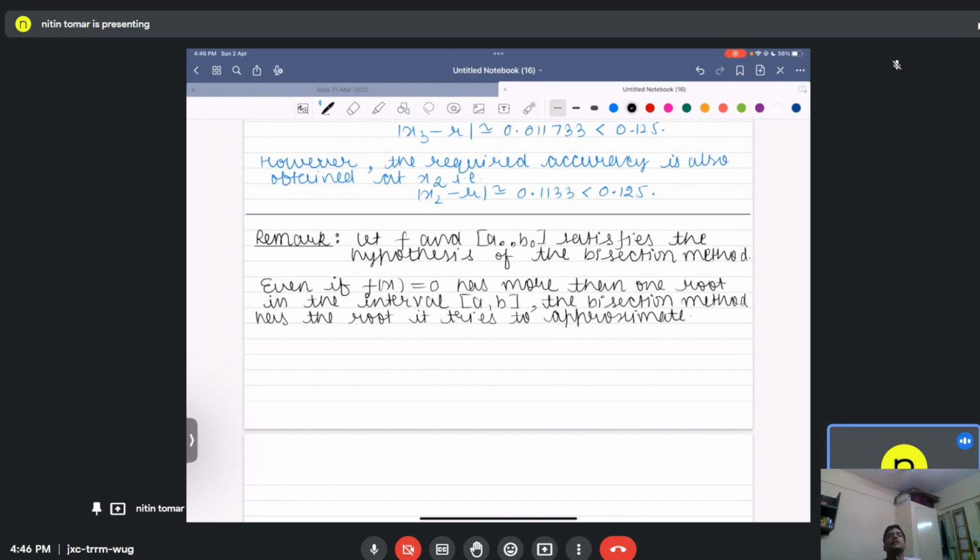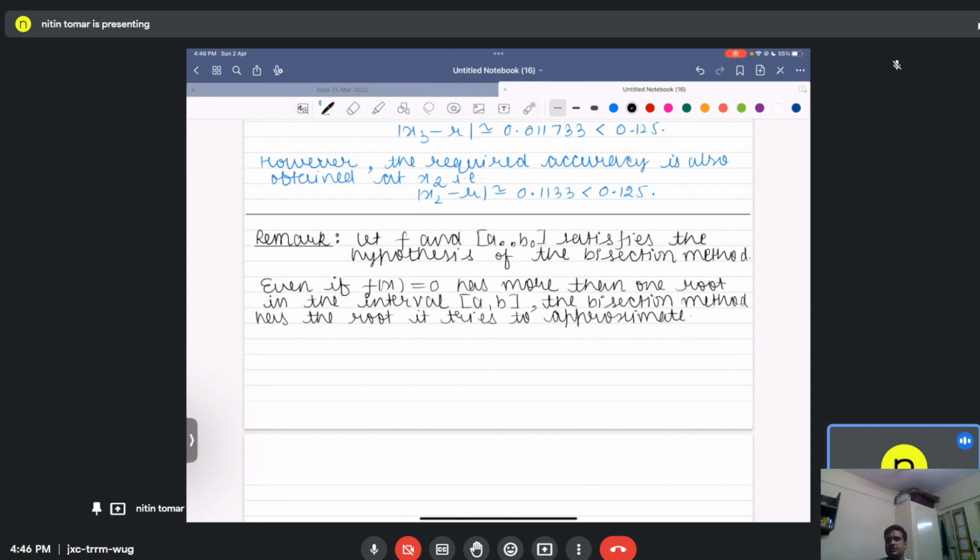So it basically means even if there are more than one root, it can happen that for a given continuous function f on the interval a naught, b naught, you have more than one root. For example, you choose sin x and the interval to be, let's take minus 2 pi to 2 pi. So this has roots at 0, pi and minus pi. So it can happen that in a compact interval, a continuous function has more than one root.